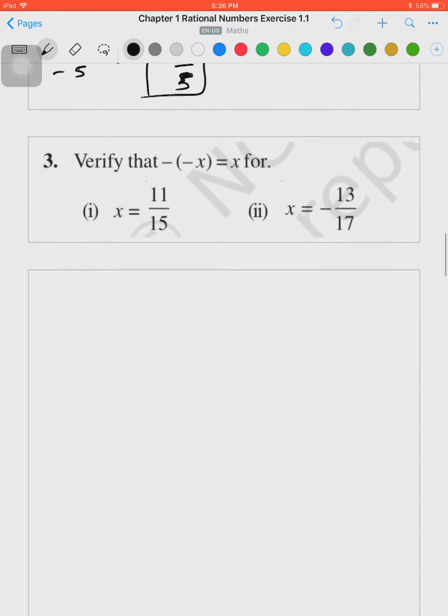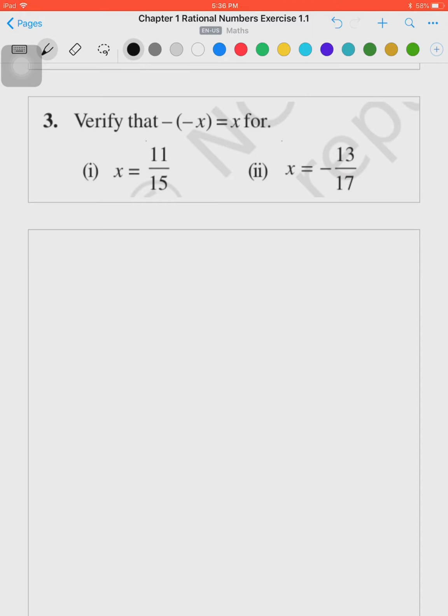Moving ahead, we now have question number 3. Here we have to verify that minus of minus x equals plus x, and we have to verify this for two numbers. One is 11 by 15 and the second is minus 13 by 17. So the first number that we have is x equals 11 by 15.